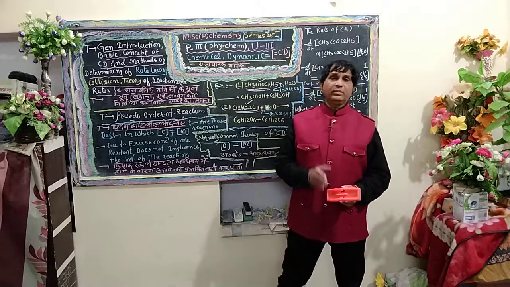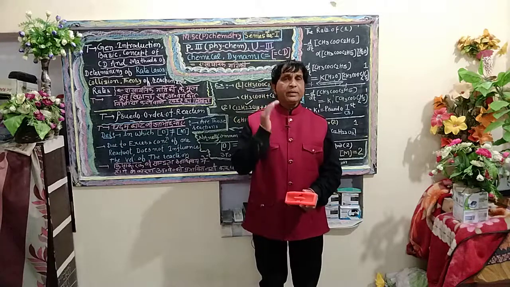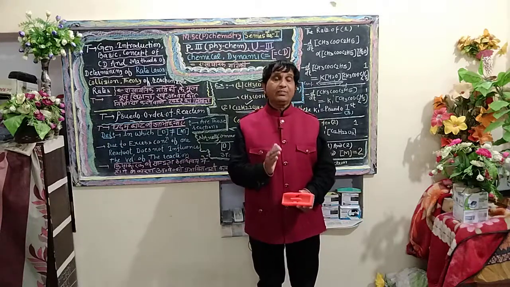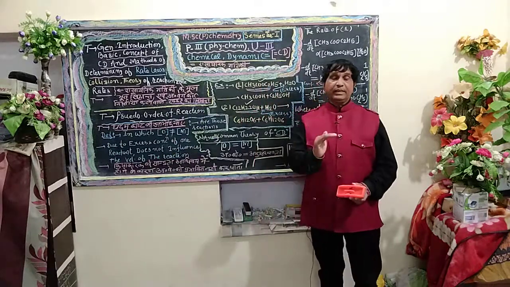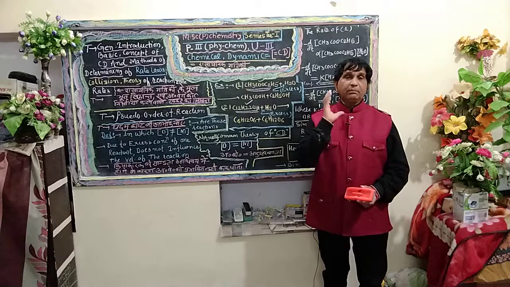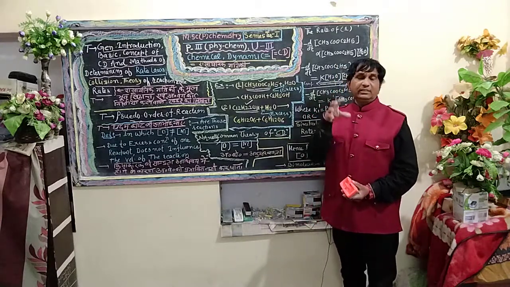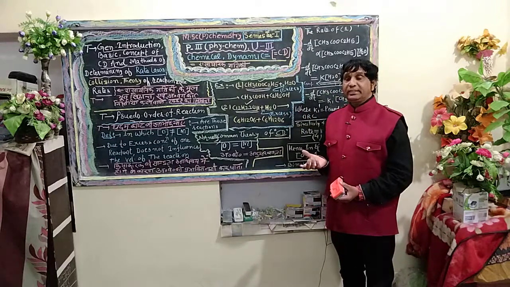Why are different values of order of reaction and molecularity reported? It depends on two important factors. The first factor is that one reactant is present in excess, bulk or dense concentration, and this dense concentration doesn't influence the velocity of the reaction.